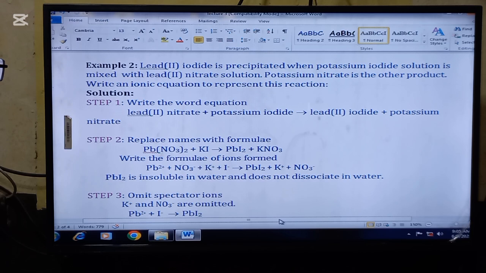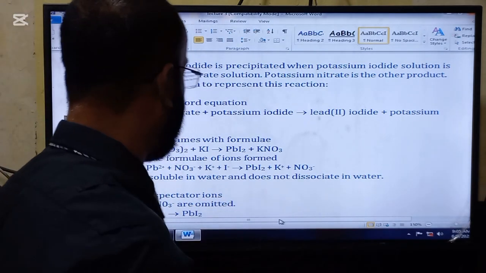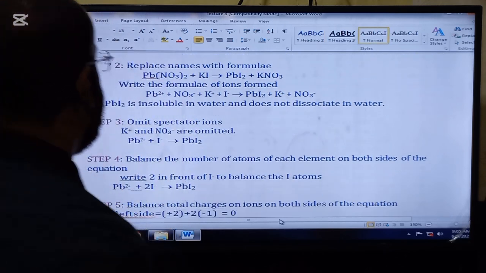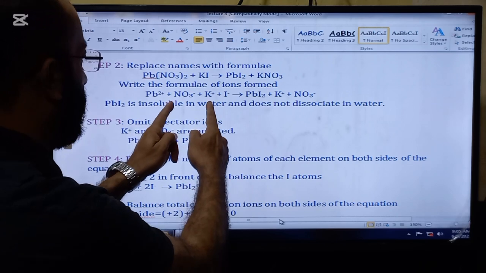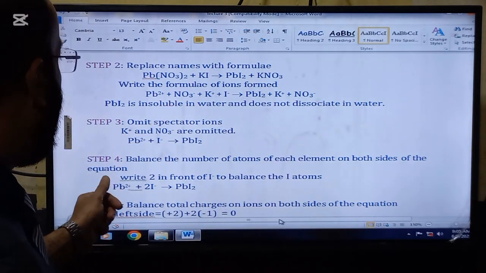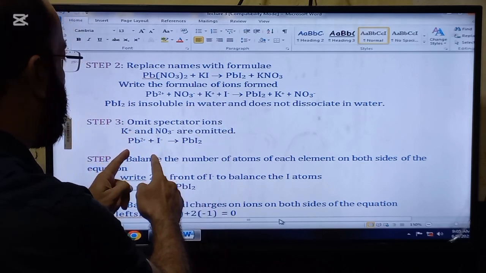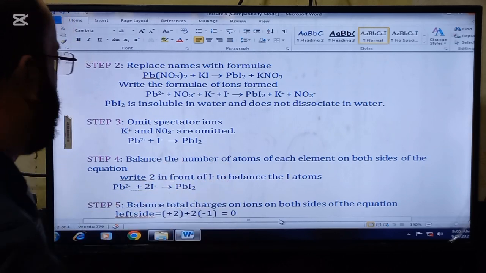PbI2 will remain as it is because it is insoluble in water and does not dissociate in water. Next step will be to omit spectator ions. So K+ and NO3⁻ are spectator ions. So these will be omitted on both sides. And after omitting them, Pb2+ and I⁻ will be left on the left hand side and PbI2 on the right hand side.